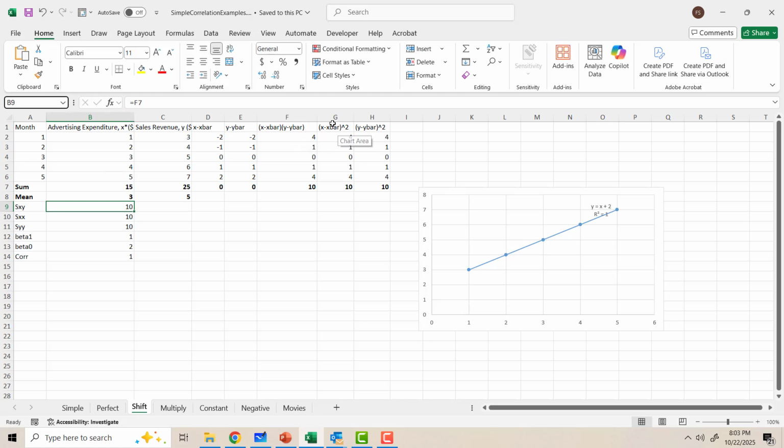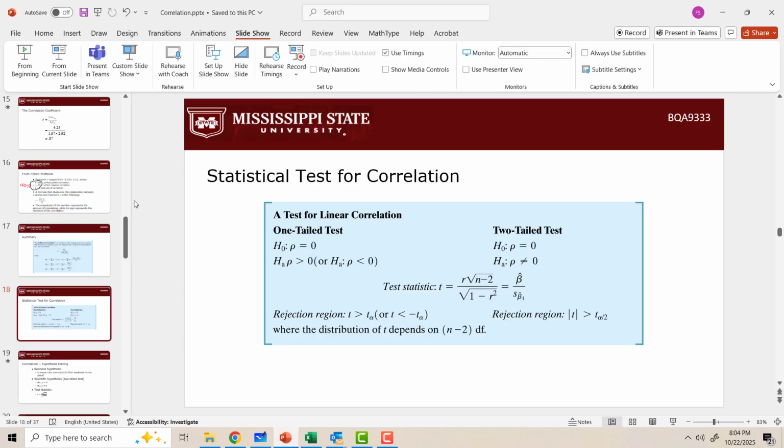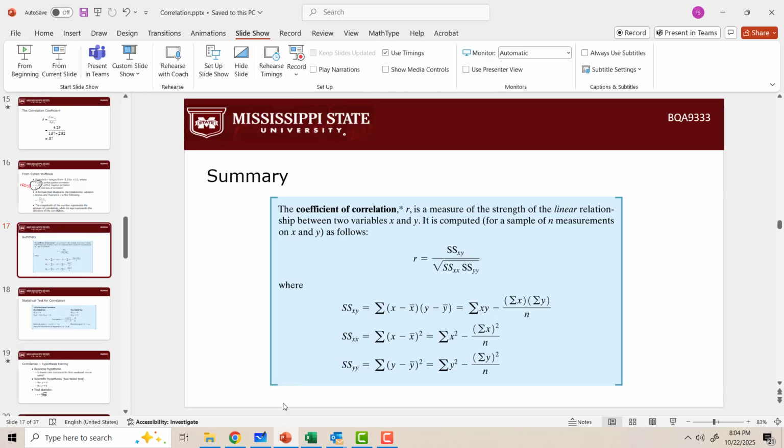I also do the sum of squares for x and the sum of squares for y, and then the correlation is the sum of squares xy divided by the square root of sum of squares x times the square root of sum of squares y. So I'm literally using these formulas here.